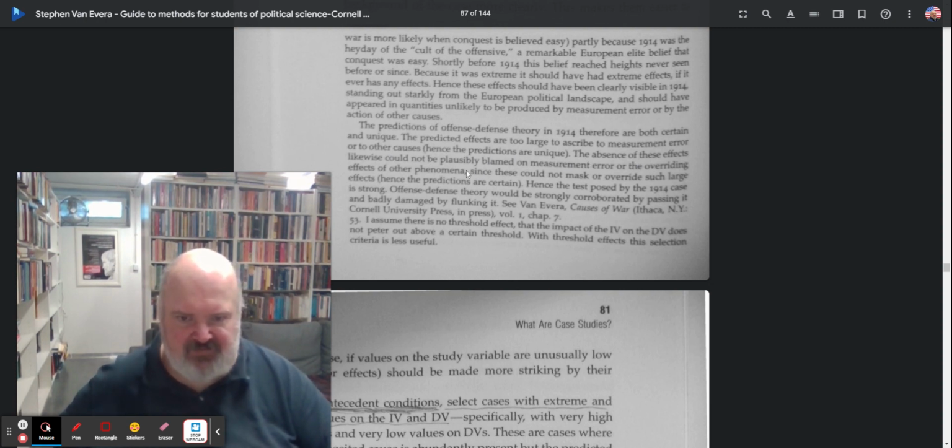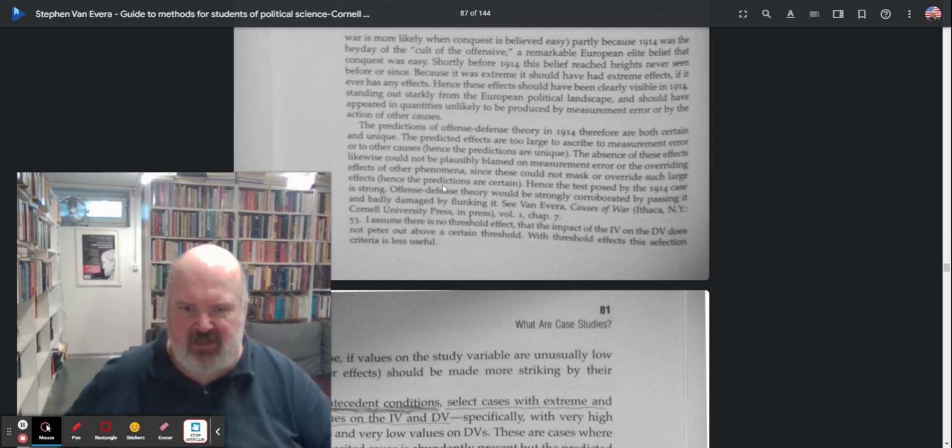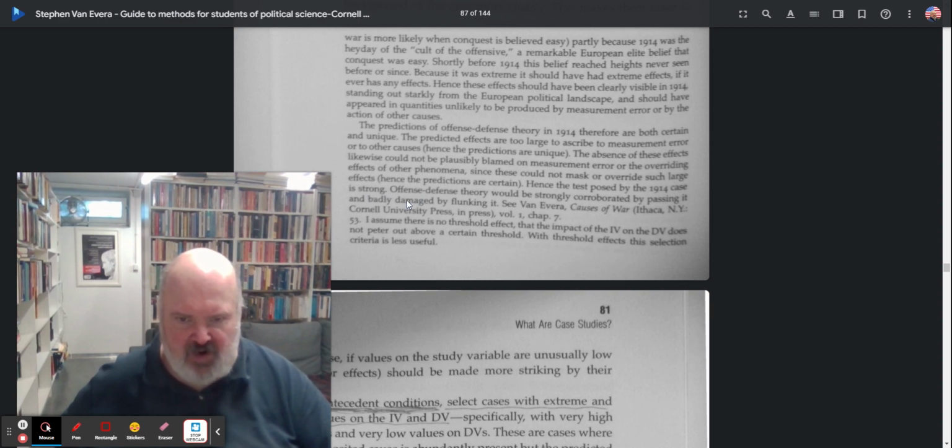The absence of these effects, likewise, could not be plausibly blamed on measurement error or the overriding effects of other phenomena. Hence, these could not mask or override such large effects. Hence, the predictions are certain. Hence, the test posed by the 1914 case is strong. Offensive defense theory would be strongly corroborated by passing it and badly damaged by flunking it, right?